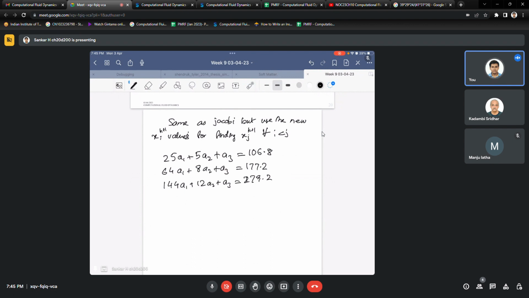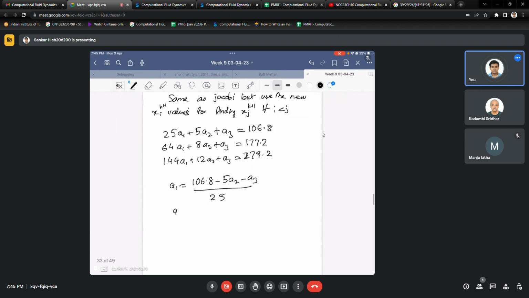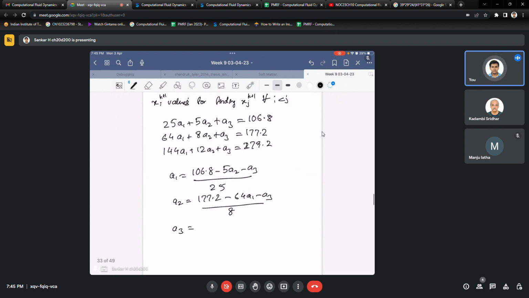Now we write down what A1 is in terms of A2 and A3 from the first equation as (106.8 minus 5A2 minus A3) divided by 25, and A2 to be equal to (177.2 minus 64A1 minus A3) divided by 8, and A3 from the third equation as (279.2 minus 144A1 minus 12A2) divided by 1.